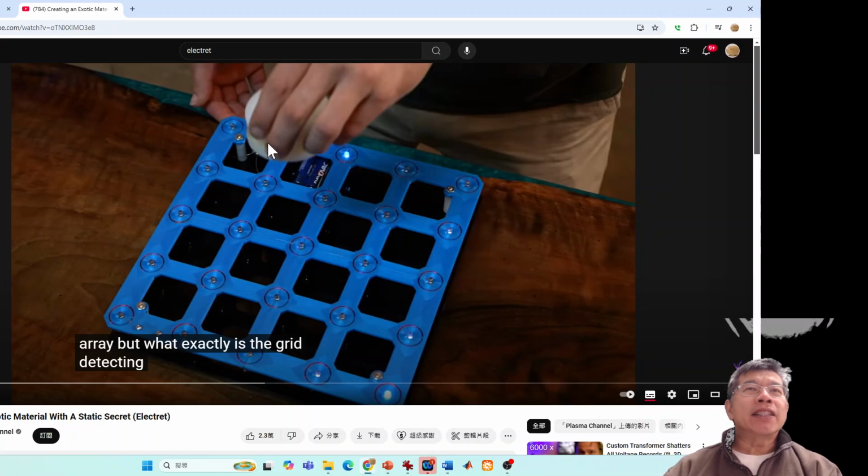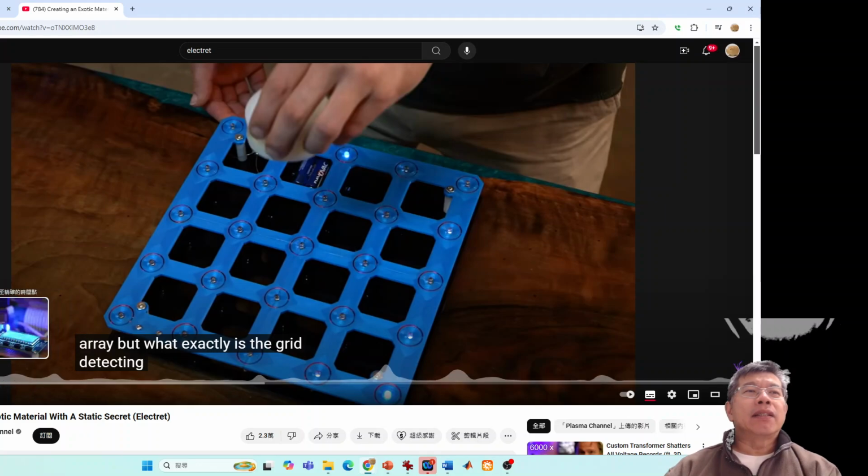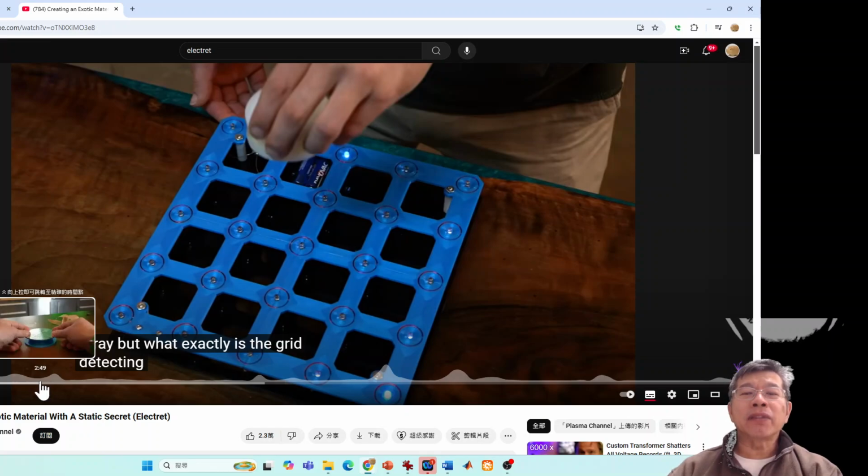In fact, this piece of material is called an electret. This is actually something that carries permanent charge, just like a magnet carries a magnetic field, even though we are not talking about magnetic fields yet.